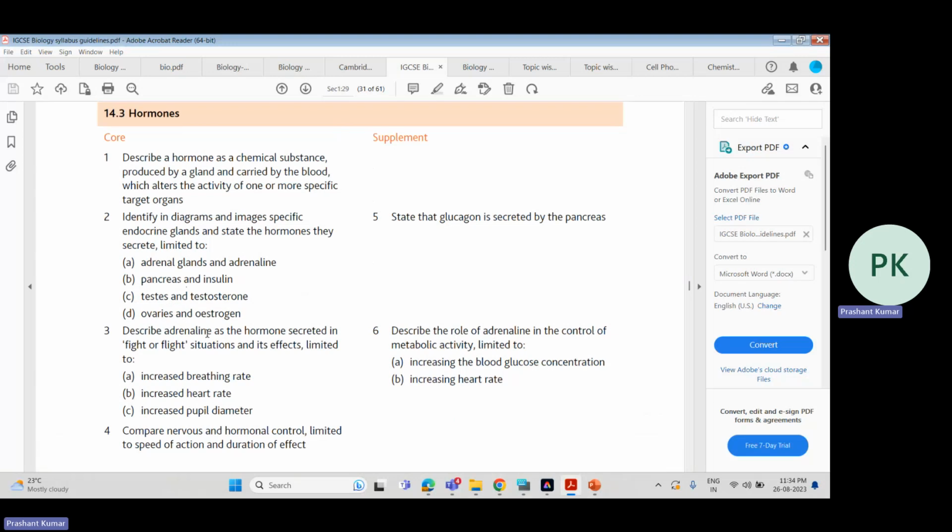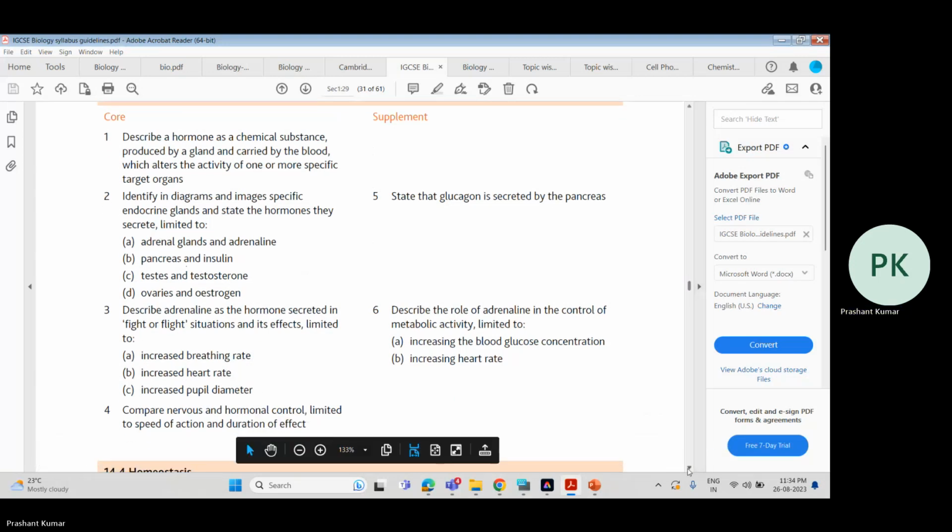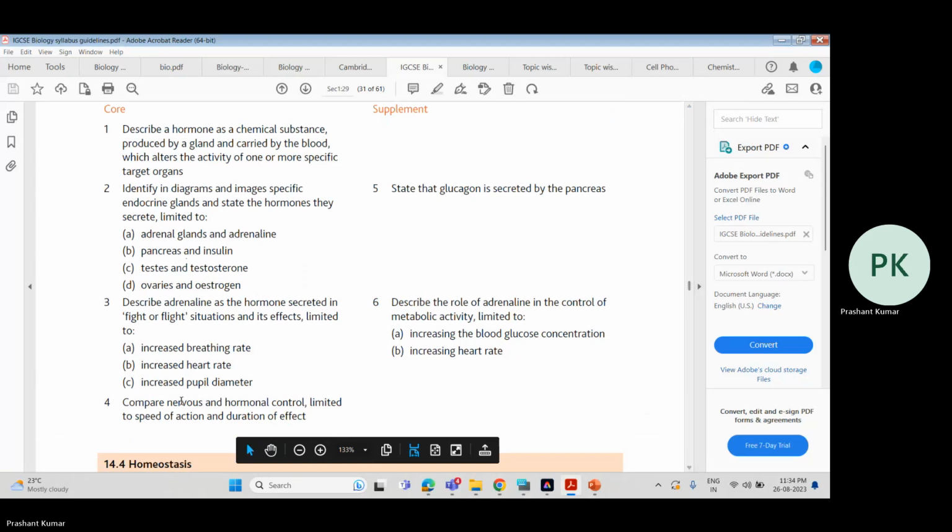Then describe adrenaline as a hormone secreted in fight or flight situations. The effects will be limited to increasing breathing rate, increasing heart rate, and pupil diameter. Then compare nervous and hormonal control, again limited to speed of action and duration of the effect.